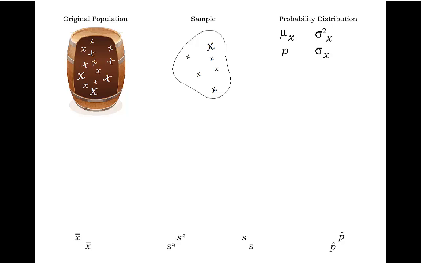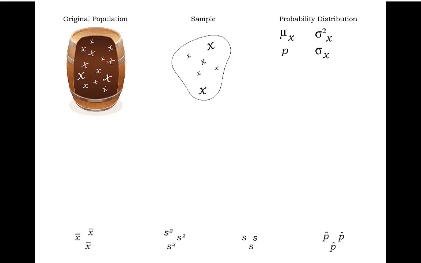Someone else could have gotten a completely different sample than the ones we got. So if they collect their sample, and they calculate their sample mean, variance, and standard deviation, and so on and so on, we could consider every possible sample, and each one of those samples would have its own set of statistics.